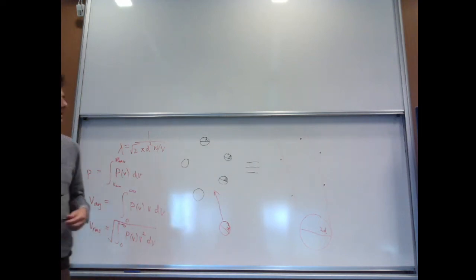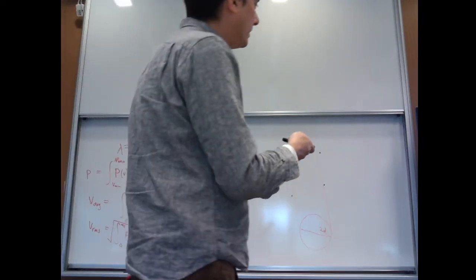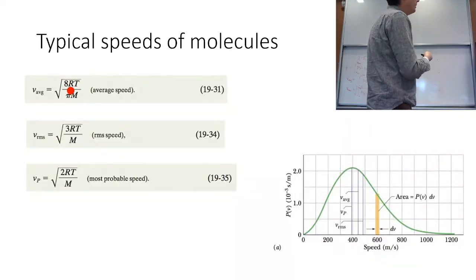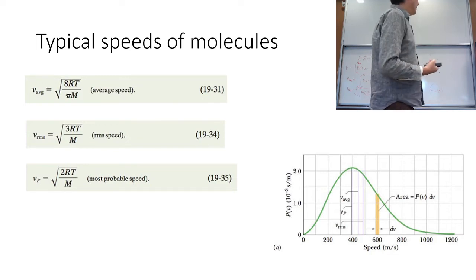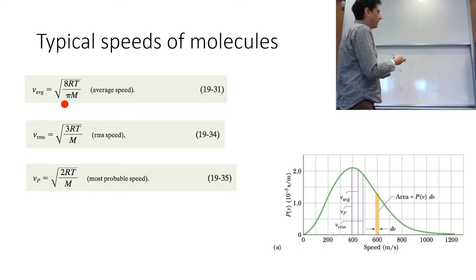But you can see that it basically has the same form, right? So, okay, this is the square root of some numbers, but basically the variables here are RT over M. Over here it's also RT over M, so 8 over pi is something, I suppose 2 point something, under the square root.